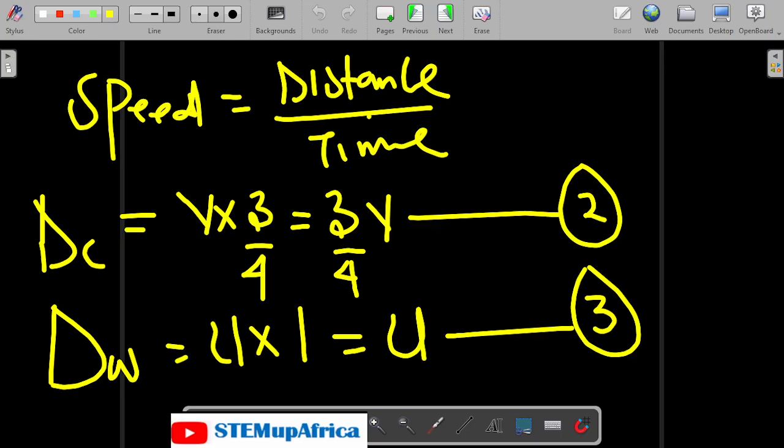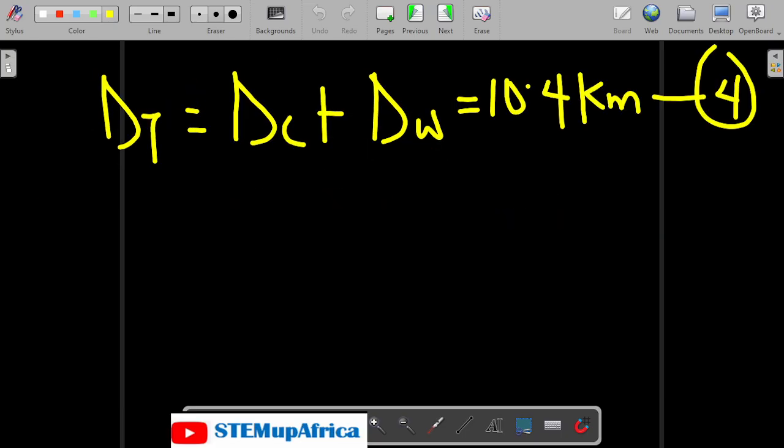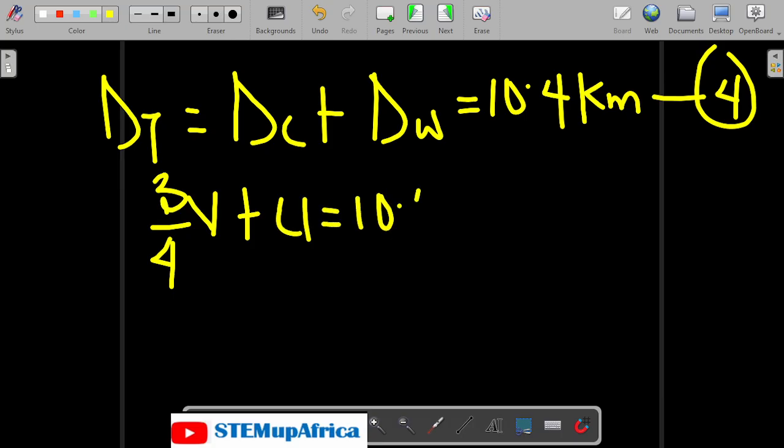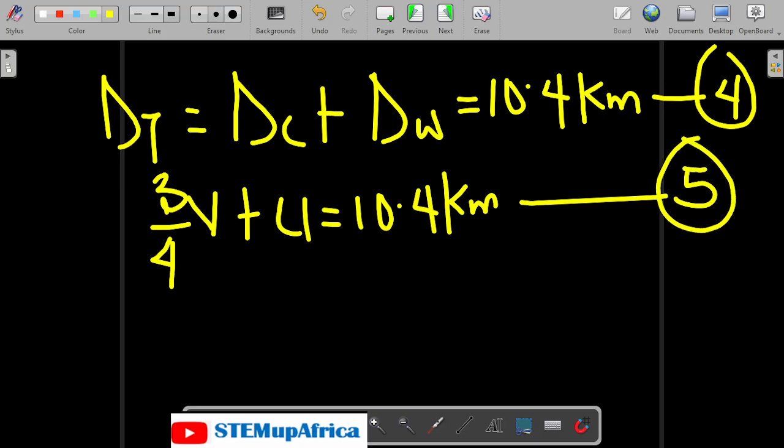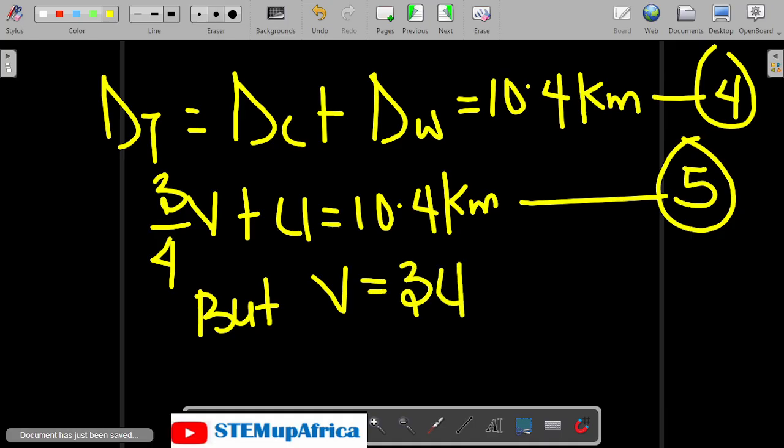And our walking distance value is U. So I'm having 3 over 4V plus U is equals to 10.4 kilometers. Let me call this equation 5. But V is 3U, that's what we concluded from equation 1.